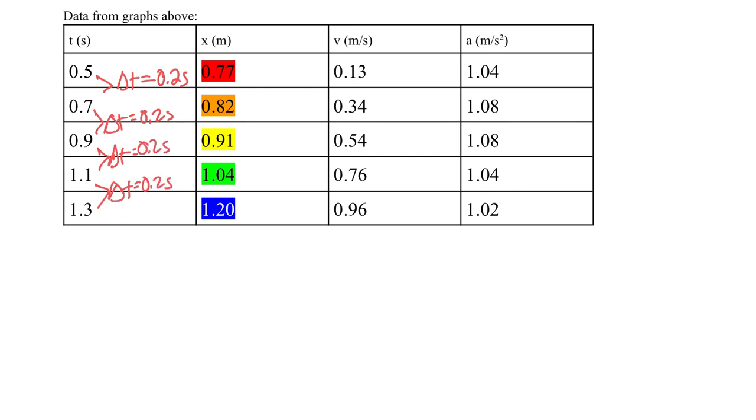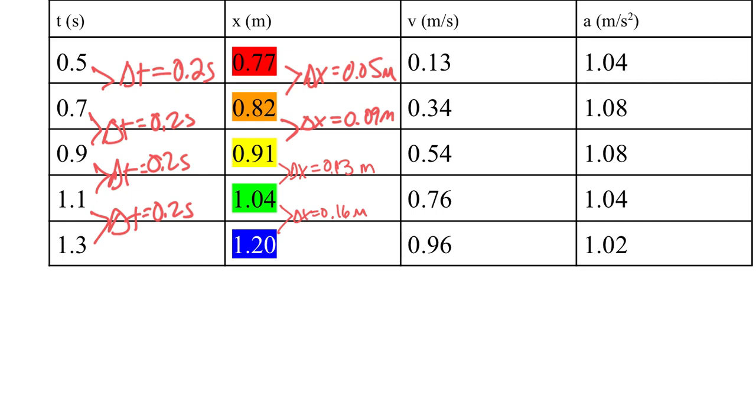Okay. I want you to take a moment and actually figure out the other ones. Now I'm going to record. All right, so those are our delta x's. Can you make an observation? So just remembering, we're looking at the same delta t's this whole time. They go up. So delta x keeps getting bigger.